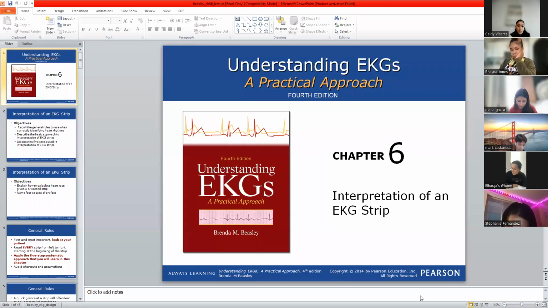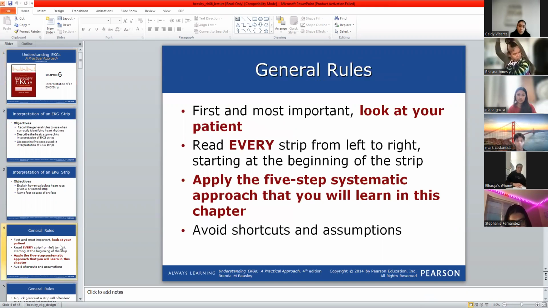As you know, ladies and gentlemen, we are now going with chapter 6, the interpretation of the EKG strip. We had all of this before, but let us review together. First of all, before doing an EKG for any person, you have to evaluate your patient.